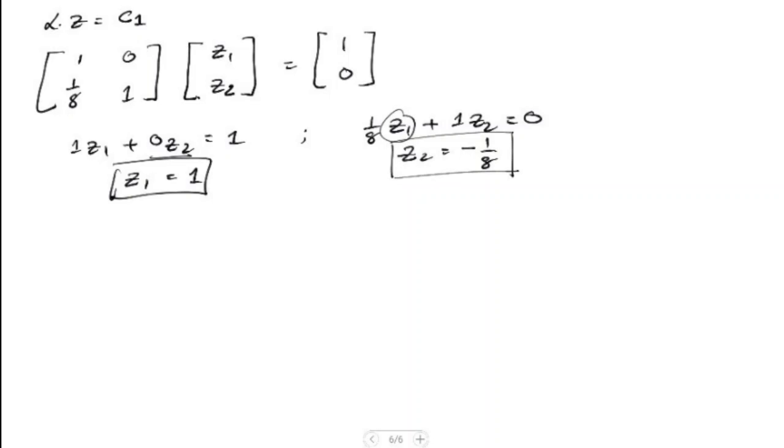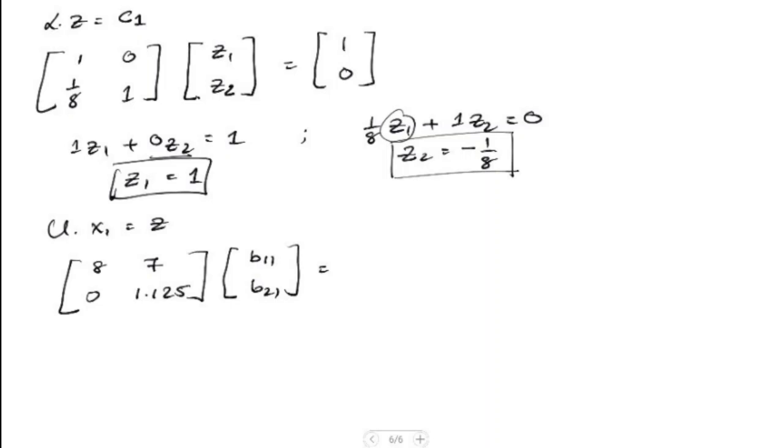And once we have these two values, we can work out U times x1 is equal to z. So we'll take the upper triangular matrix, which is 8, 7, 0, 1.125, times the first column, which is b11 and b21, equal to the z vector, where z1 is 1 and z2 is minus 1 over 8.